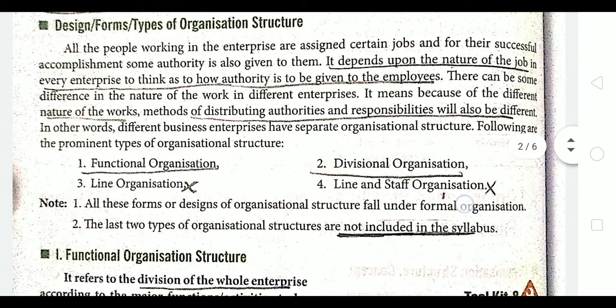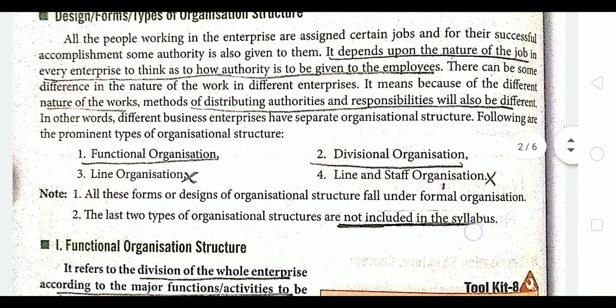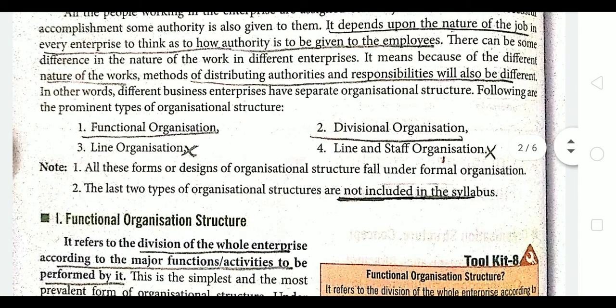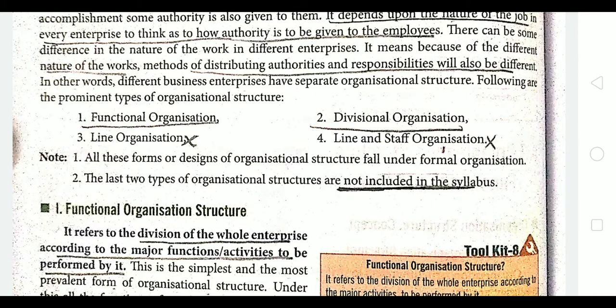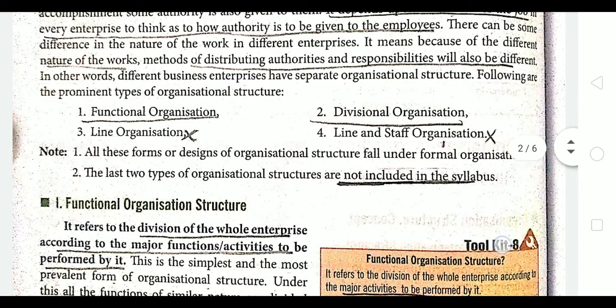First, we have functional structure, second, we have divisional structure. Although we had two more structures, the line organization and line and staff organization, these two types are not included in the syllabus. So we will only focus on the first two, the functional organization and the divisional organization.